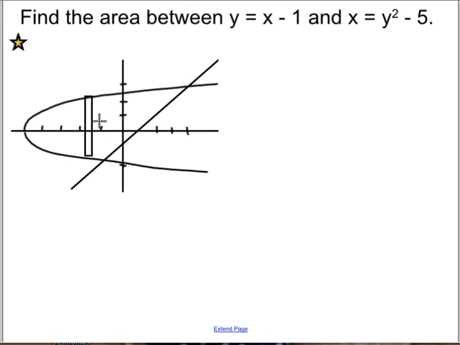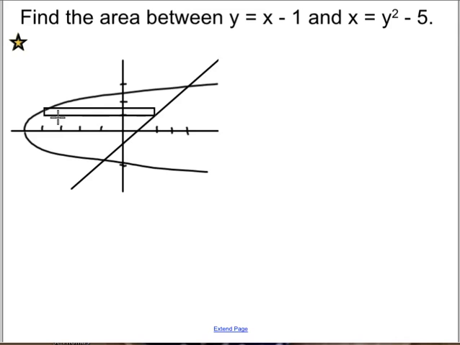So what we're going to do today is, instead of using a vertical rectangular slice, I am going to create a horizontal rectangular slice. And so now I can still calculate the area between the curve, but a couple of things are going to be different.